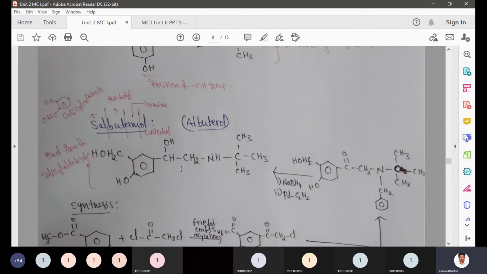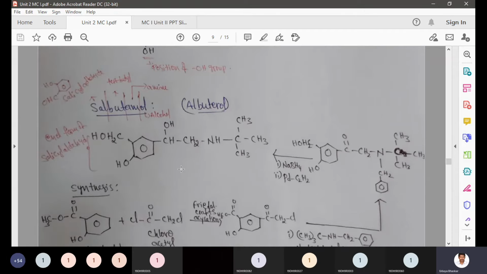Salbutamol, we need to see the synthesis, we saw that. By remembering the structure of salicylaldehyde you can remember the structure of salbutamol because it will have that moiety. Here instead of CHO you have CH2OH, methyl alcohol.